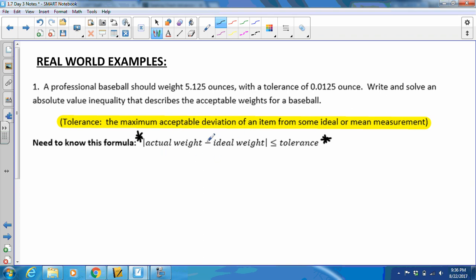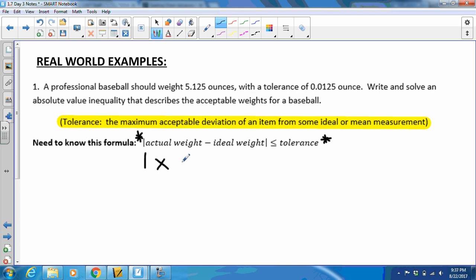Now, using this formula, we're first going to write our absolute value inequality. We do not know the actual weight of the baseball. Whenever it says actual weight or actual height or any of the actuals, when you write your inequality, that will always be x, because we don't know exactly the weight.